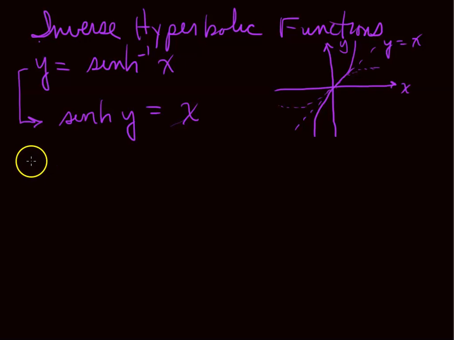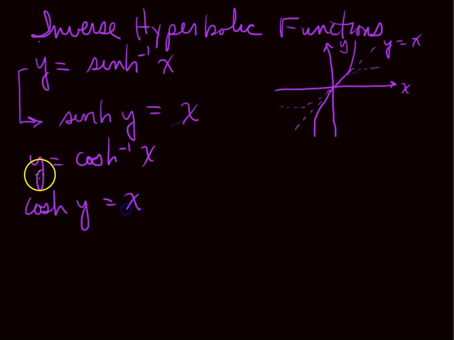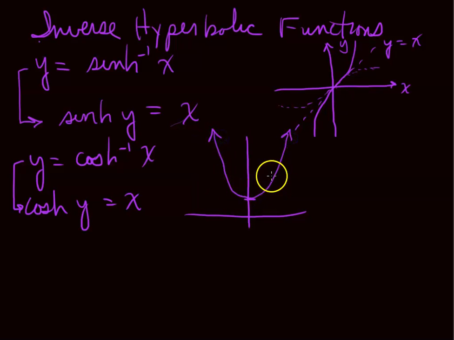The cosh inverse means that the cosh of y equals x, changing from one form to the other. If you'll remember, the cosh looks sort of like a parabola. And in order to make this one-to-one so we can get an inverse, we're going to chop off this left side.